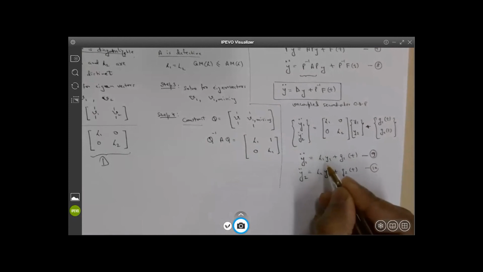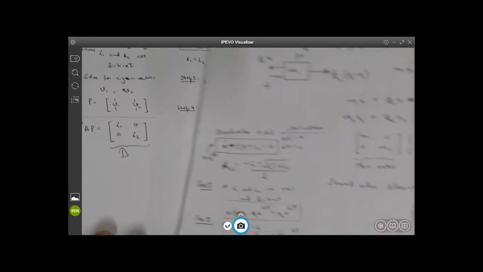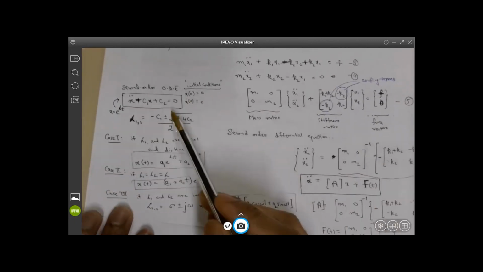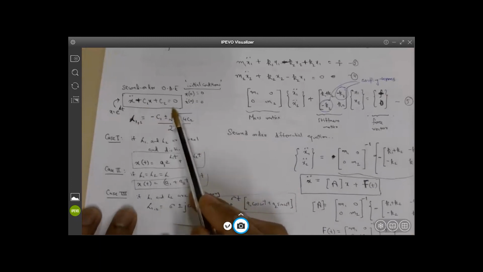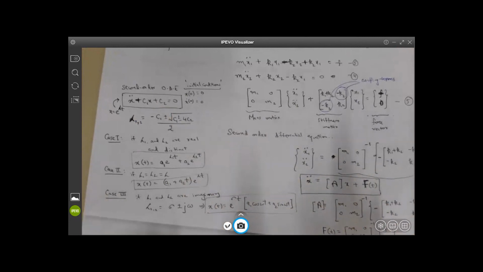And this is exactly the same form as we were discussing a while ago, about how to solve a second order ODE with constant coefficients. Remember, guys? Is everybody following what I'm trying to say?